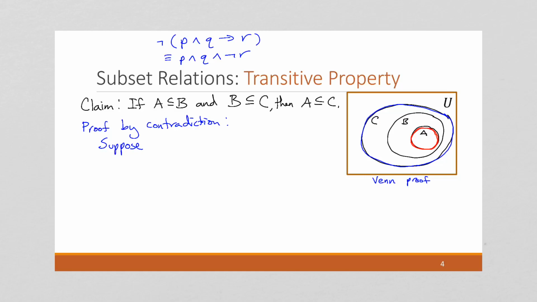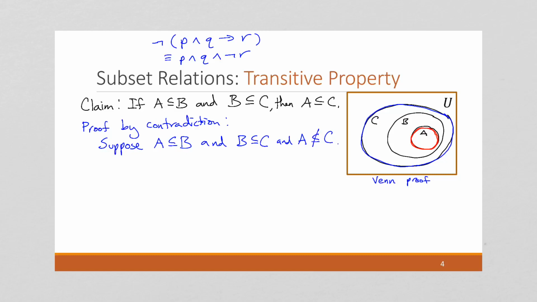Recalling how we do implications. Don't forget this stuff. So I'm going to suppose that A is a subset of B and that B is a subset of C and that A is not a subset of C.